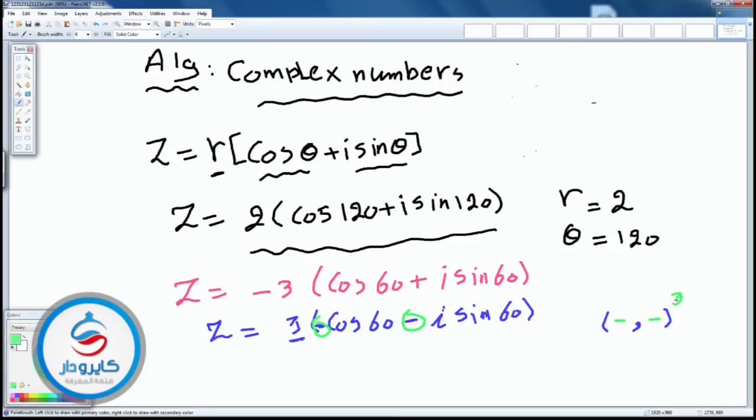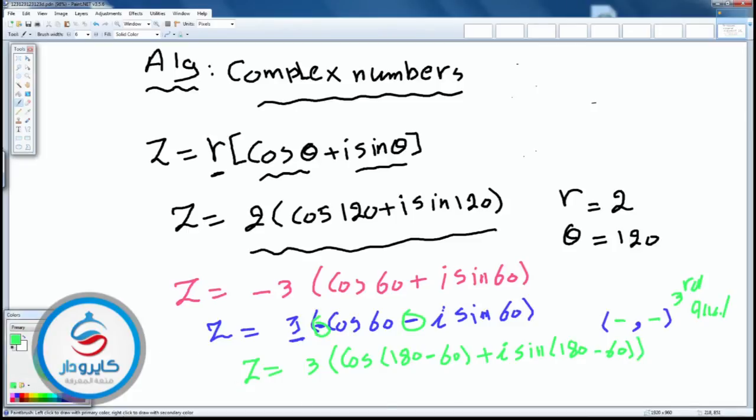Yes, in the third quad. Third quad means ان انا عندي دلوقتي ال z equals 3 cosine 180 minus 60 plus i sine 180 minus 60.